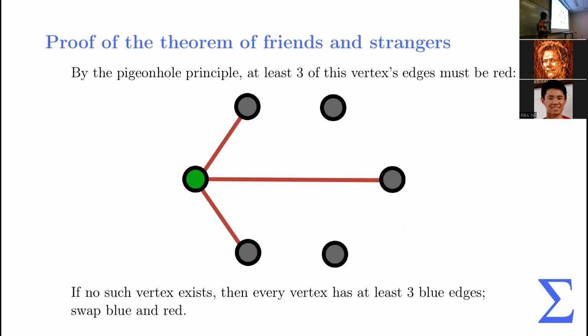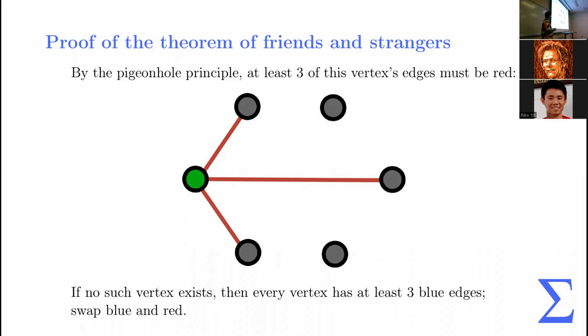So in this case, we must have 5 edges, and we need to fit those into 2 boxes. So that means that at least 3 edges must fit in one box. It could be 4, it could be all 5, it could be the same color, but it must be at least 3. And red here is kind of just arbitrary, right?